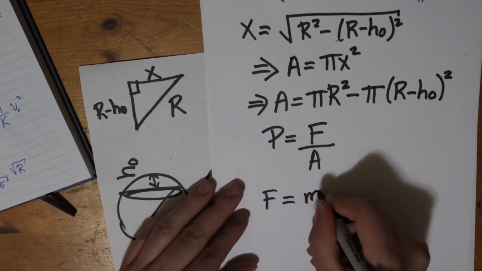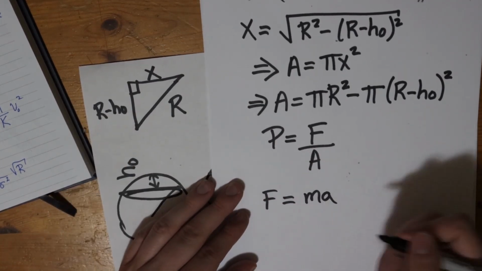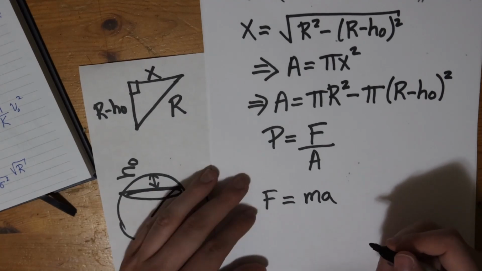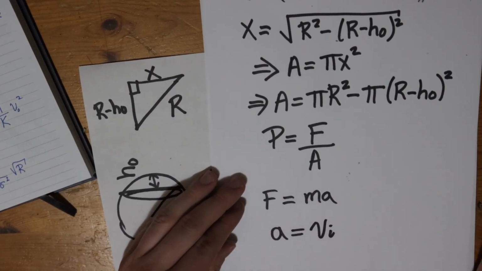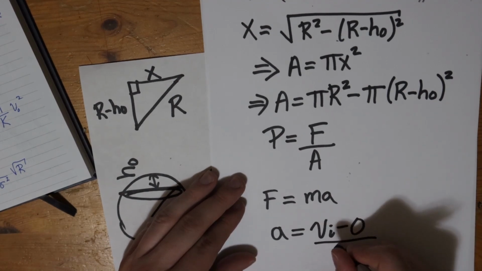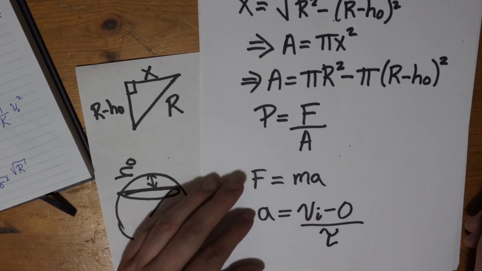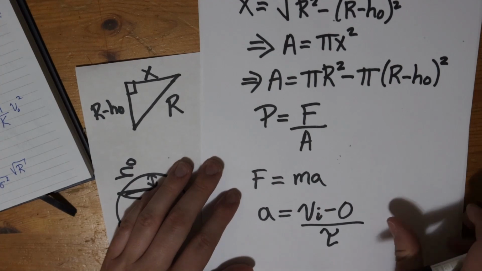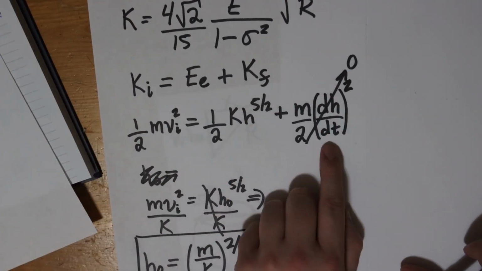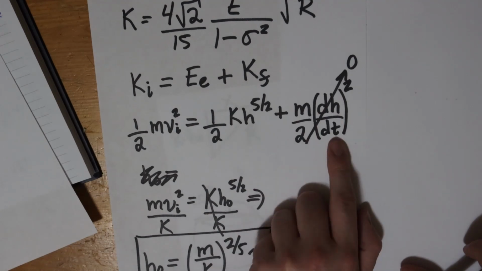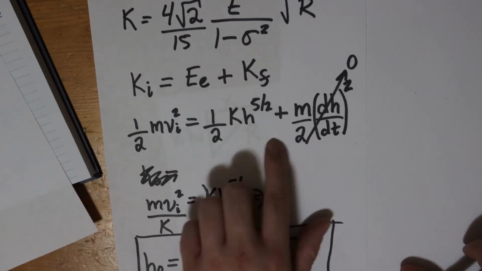And the pressure is F over A. So you know A now. You want to figure out what is F. Well, you can use the second law of Newton, which is F equal ma. And the acceleration is the initial speed of the ball minus the final speed of the ball, which is 0, over the time for the whole collision. So you need to figure out what time is.